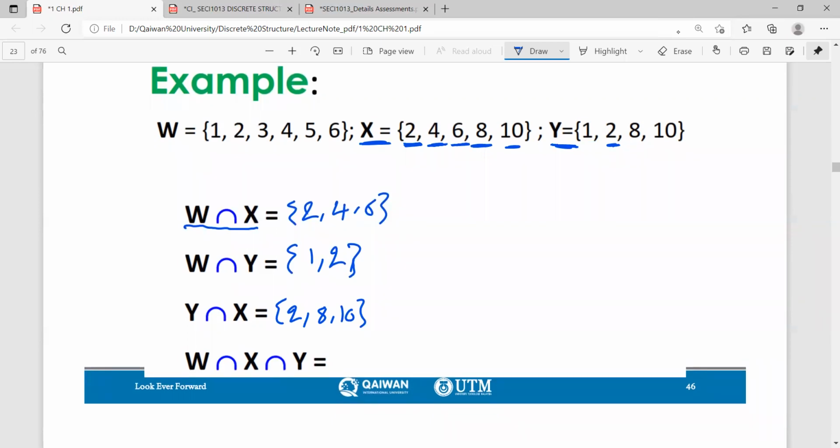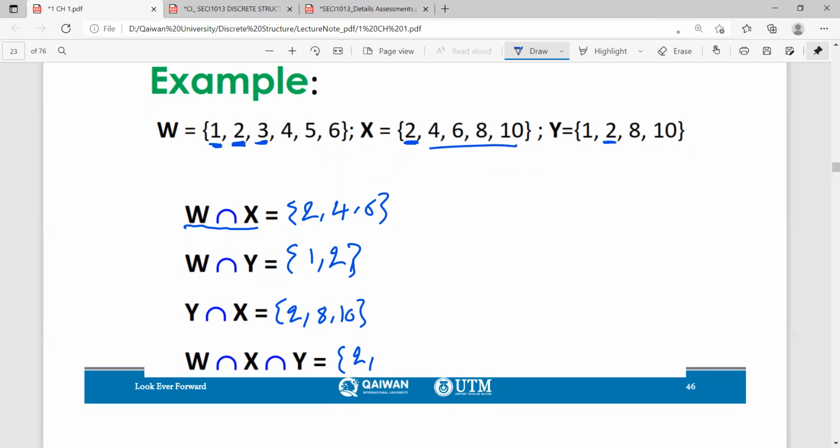And for the last one, we must find the common elements which are in all the sets, X, Y, and W. We are going to do it one by one. Look, 1. We have no 1 here, so we just ignore it. Okay. 2, we have 2 here, and we have it here, and we have it here also. So 2 is a common element in those 3 sets. 3, we have 3 here, but we have not here.